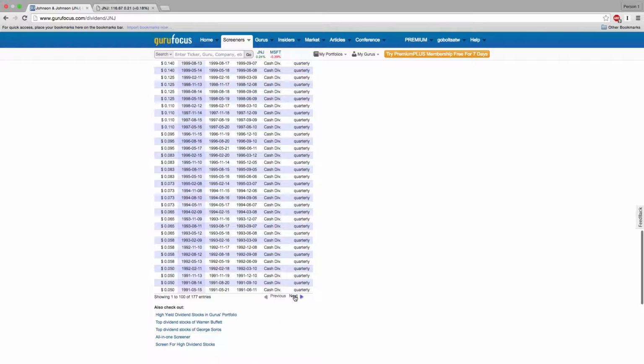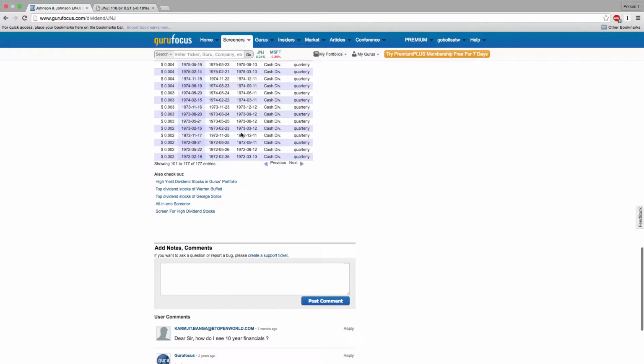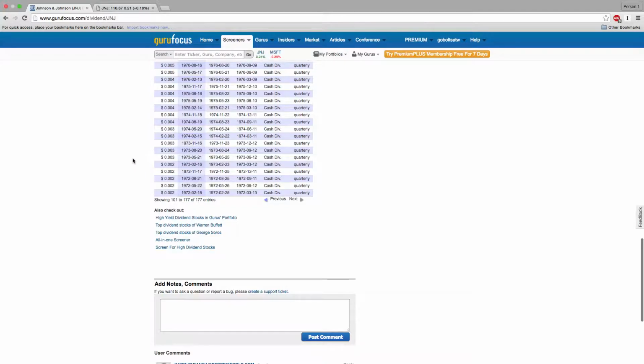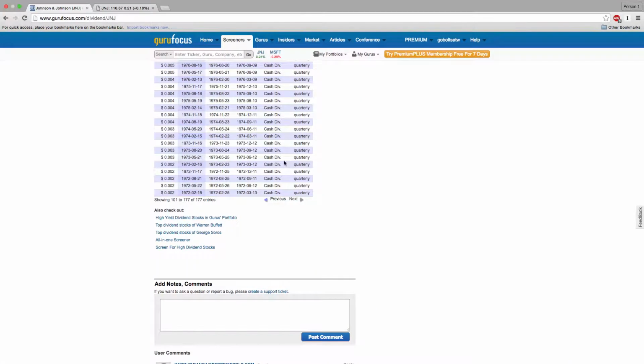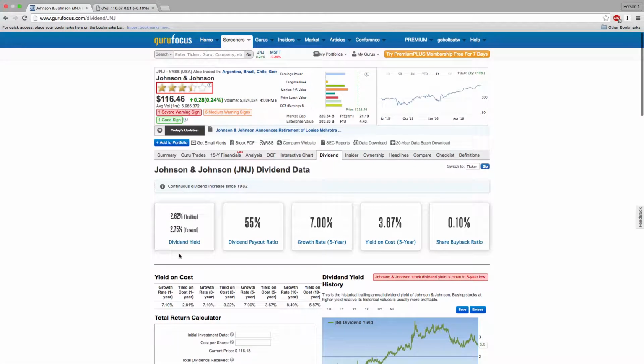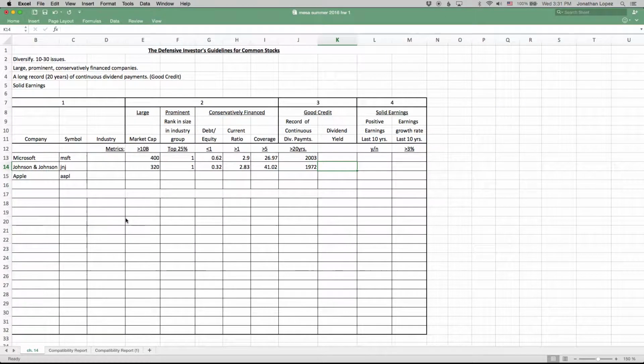Going back to 1991, but there's still more. Actually goes all the way to 1972. Over 40 years. And what is their yield? Dividend yield is 2.75.